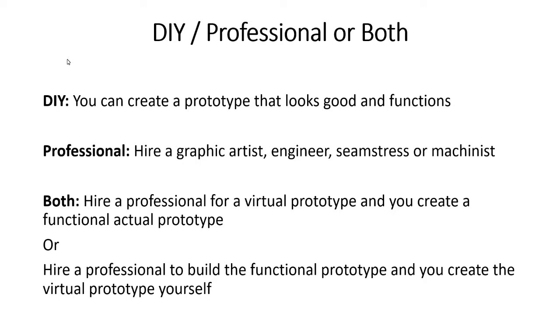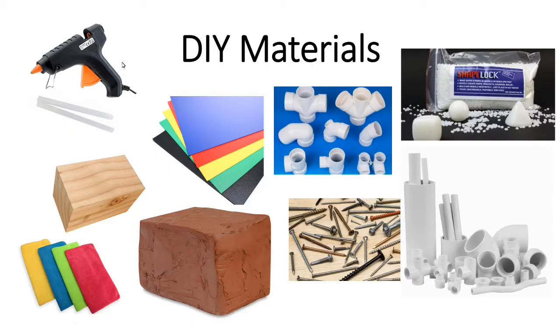So the proof of concept. So that's where you can have the proof of concept, and then you can have the virtual prototype that gives you that look and feel of what the finished product would be. And then vice versa, maybe you hire a professional to build the functional prototype, but you're able to do the virtual prototype because you have some skills with 3D rendering. So there's a few of the options of how you can create your prototype.